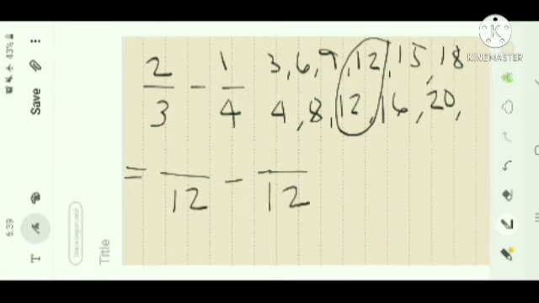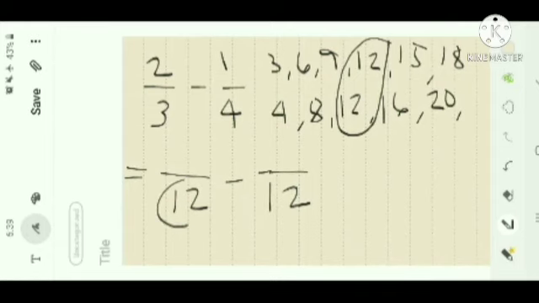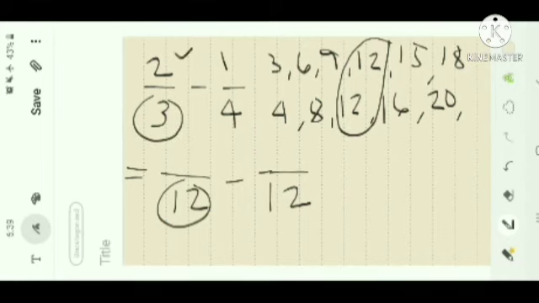Then we are going to convert all numerators into its equivalent fraction. We have 12 divided by 3 is 4 times 2. 4 times 2 is 8. So we have 8 over 12.